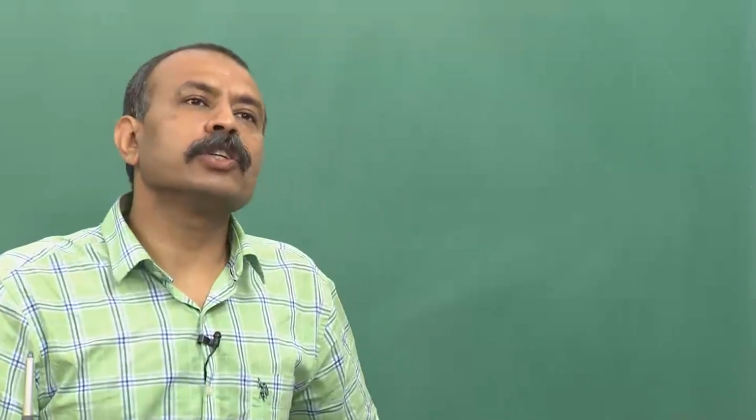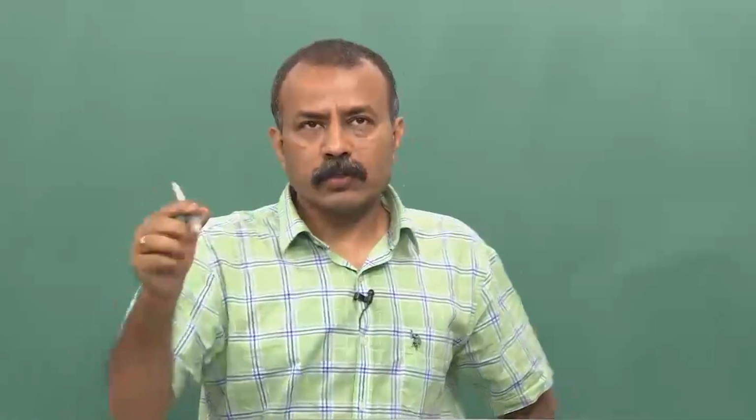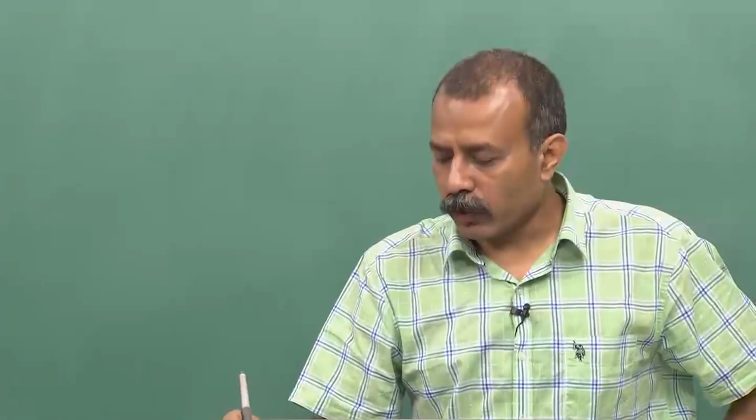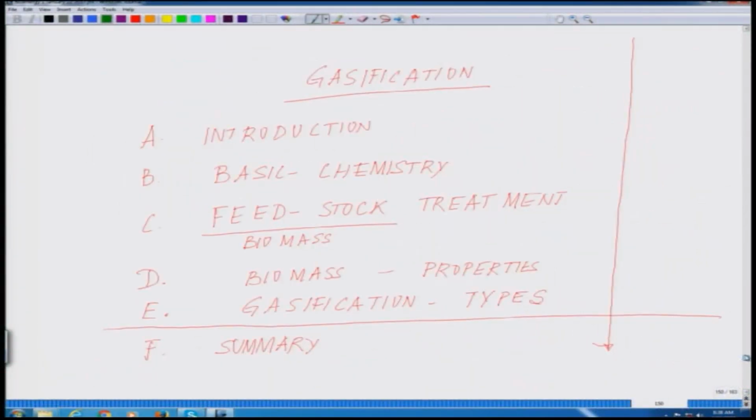This gasification does not purely happen by thermochemical processes, though we will not talk about it today. But just to give you an idea, when we talk about gasification, there are two routes by which one can think of it.